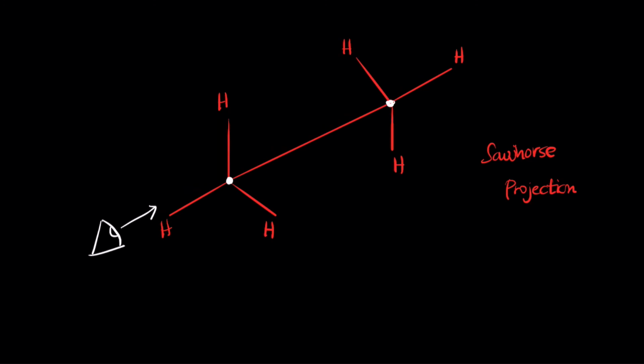You're going to see a straight line, this line here. This is going to be on the left side, this on the right side. In the same way, this is on the left side, this on the right side. So what we can do now is draw this as a Newman projection.